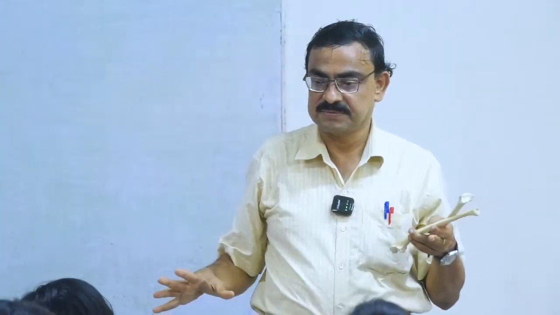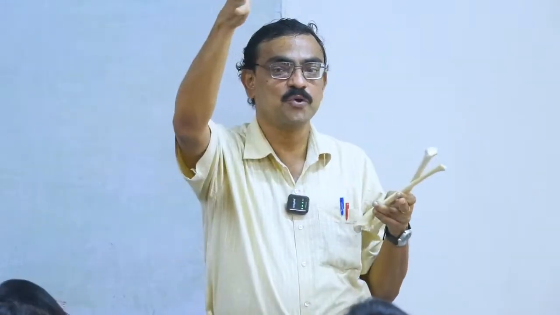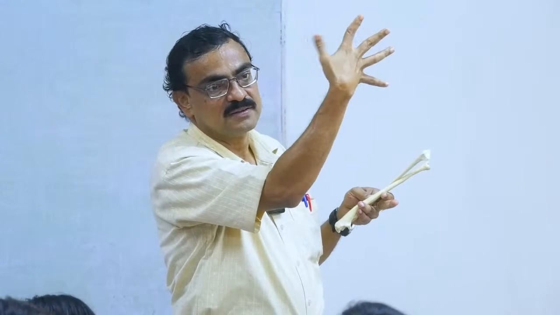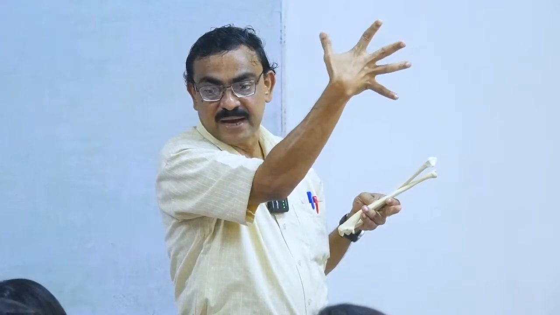The great toe is called pollex. Great toe is called pollex. So the muscle which will cause abduction of this great toe or pollex will be called abductor pollicis.